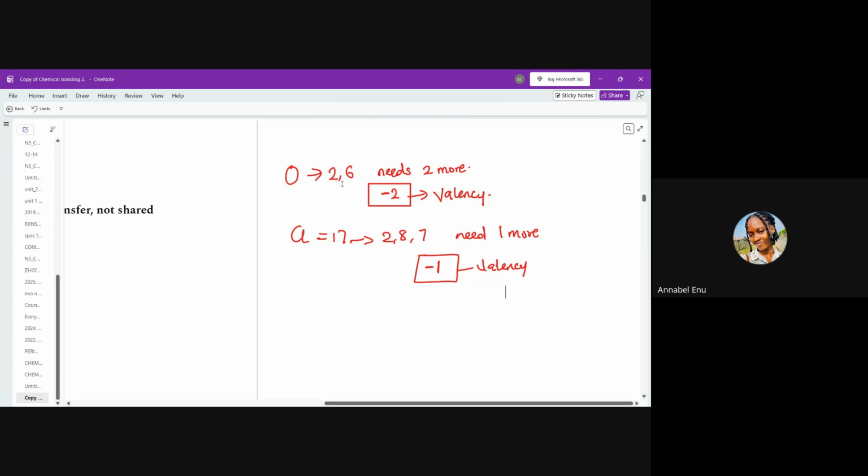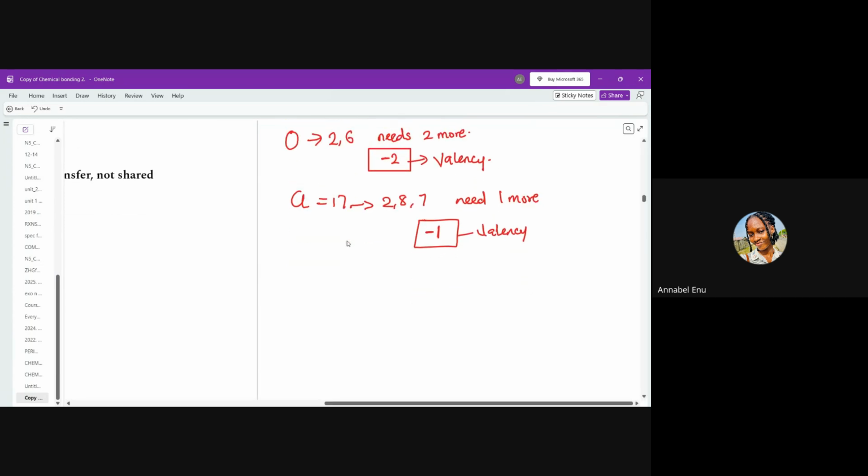Now, this valency will help us to be able to write the formulas of ionic compounds. So let us give ourselves some examples. Let us write the formula for magnesium chloride.